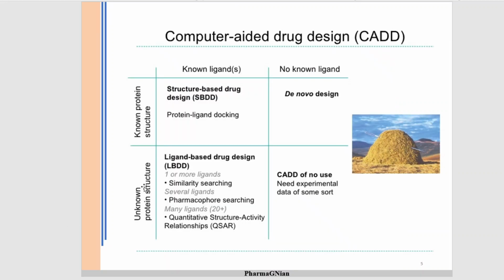Here is the main slide representing all of computer-aided drug design: when we call it structure-based drug design, ligand-based drug design, or de novo drug design, and when that will not be useful. First, if you have known ligands and a known protein structure for that particular disease, then the technique applied is called structure-based drug design.